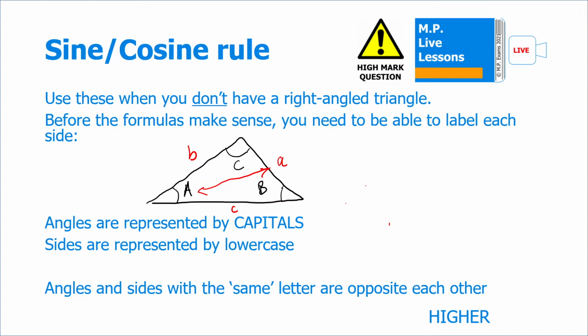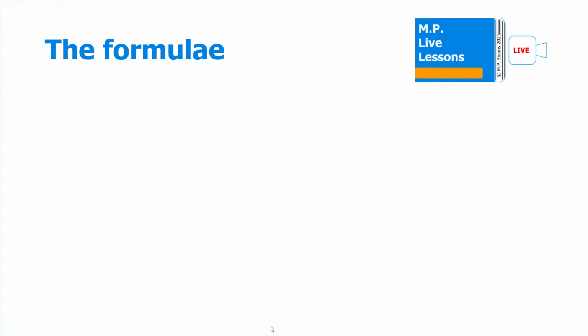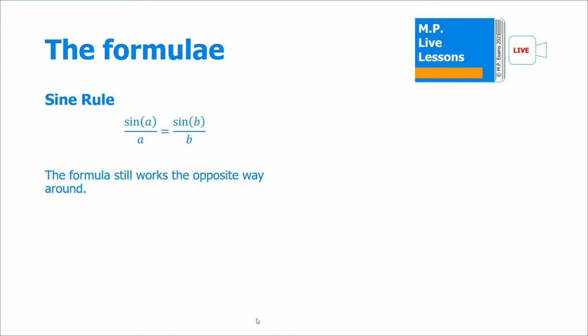Now that you know how to label a triangle, you'll need to be familiar with the formulas. For example, the sine rule, it's this. The formula still works the opposite way around. You could put it the other way around.